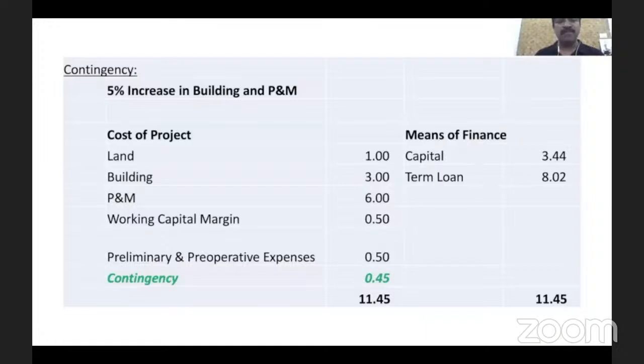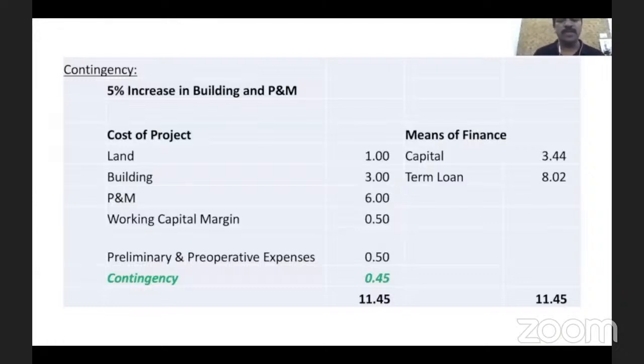But the building I have to construct over a period of time, and in this period there are several factors we will not have control over, say the price of sand, the price of cement, the availability or cost of laborers, or there can be interruption because of monsoon, or because of a situation like COVID. Because of this, the implementation period will get elongated, and as a result the cost we have estimated will also go up. Several factors are there, mostly beyond our control.